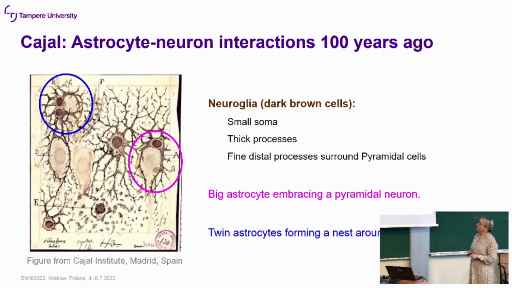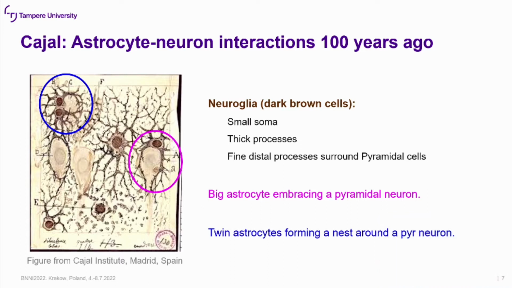Already more than 100 years ago, Ramón y Cajal showed astrocyte-neuron interactions in the brain. In this illustration, you see these dark brown cells, neuroglia, that typically have a small soma, thick processes and fine distal processes around pyramidal cells in this case.